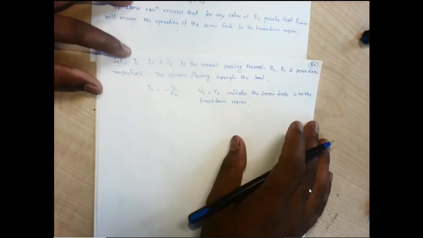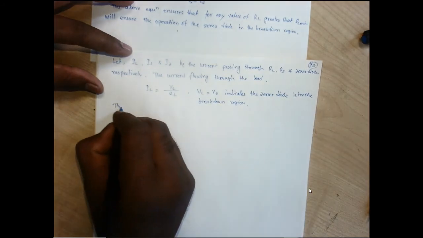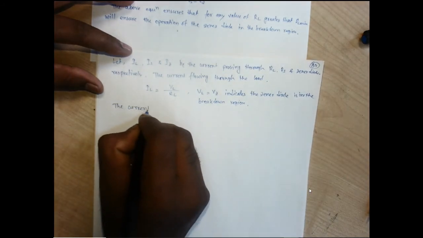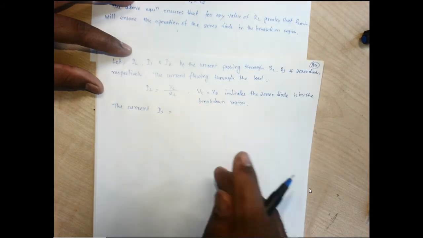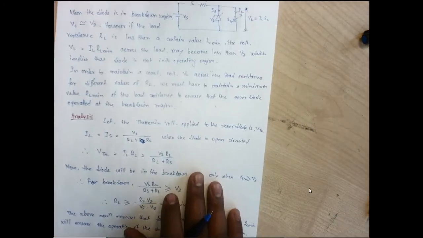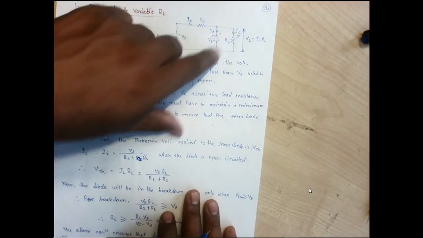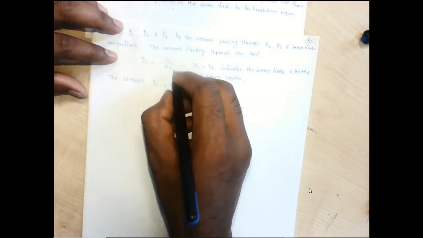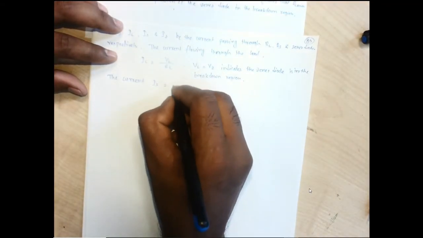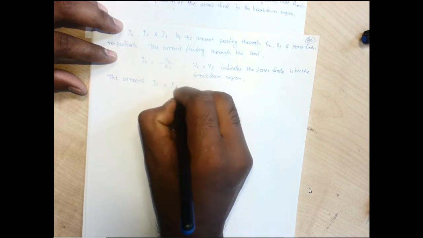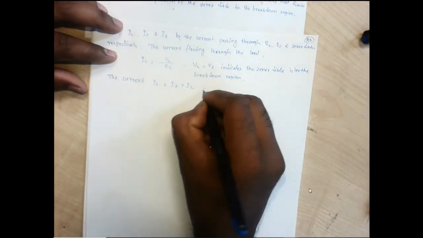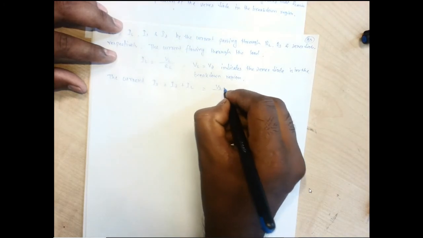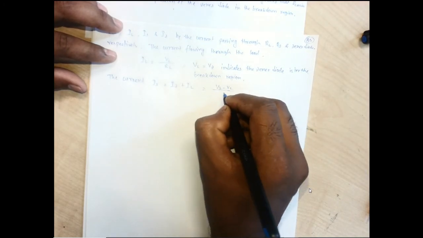The current IS, the series current, is IZ plus IL, which is equal to VS minus VL by RS.